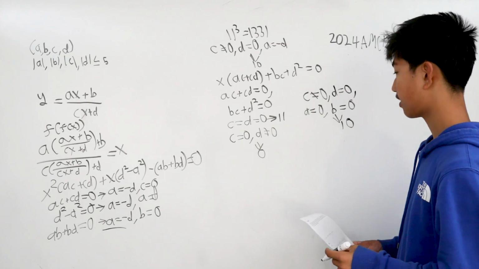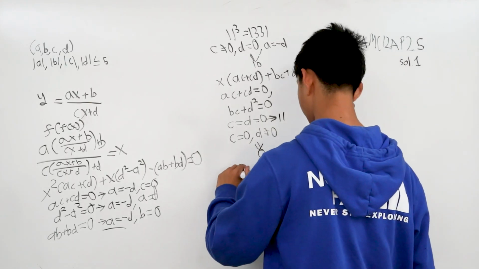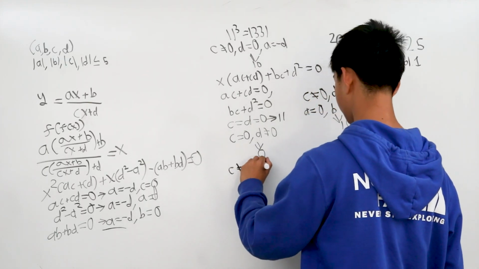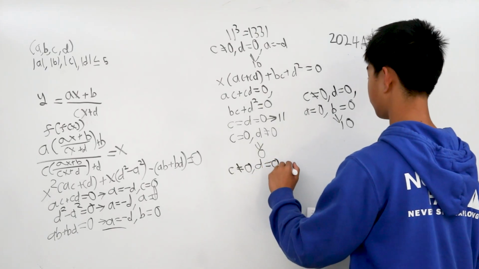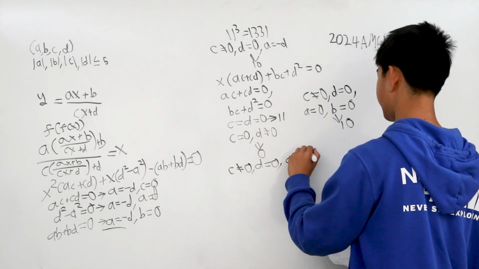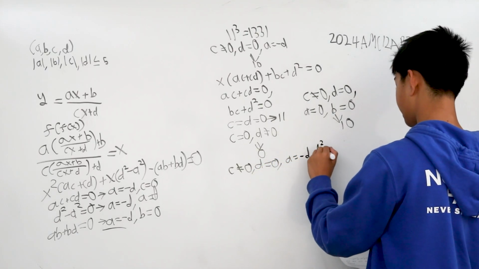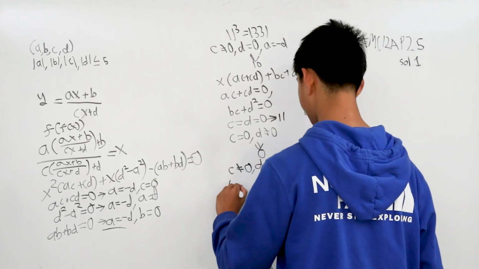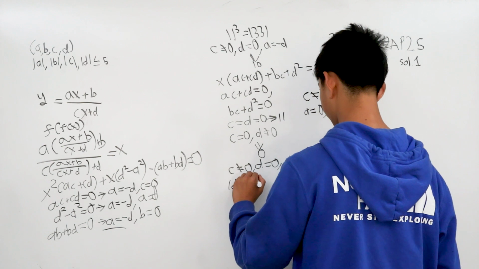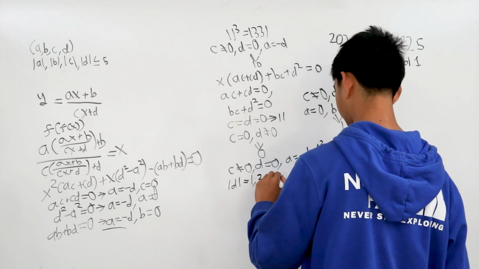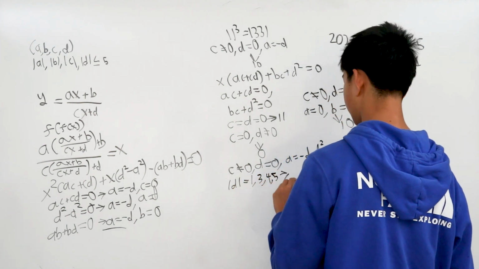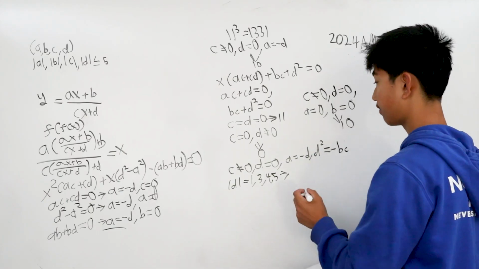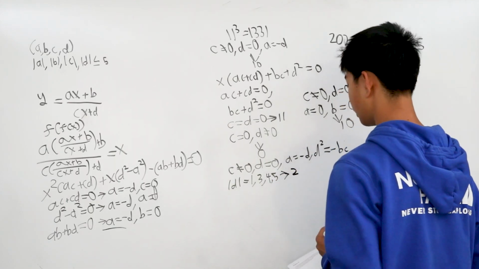Now, if we have c not equal to 0, d is 0, a equals negative d, and d squared is negative bc, then the absolute value of d can be 1, 3, 4, 5. In this set of values, we have 2 ways.